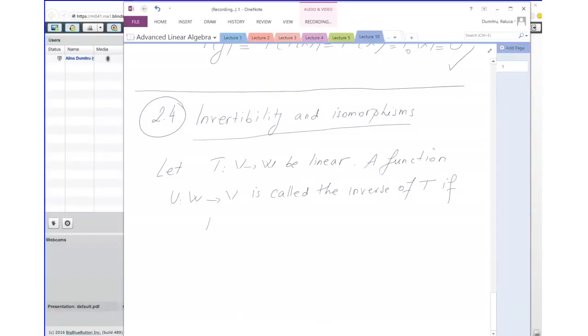So if I do T composed with U, then I'm going from W to W. So this should be the identity on W. And if I'm going backwards, start with T first and then apply U, I'm going from V to V, so I need to have the identity function on V. Right, so that's the function that takes x into x for every x in V.